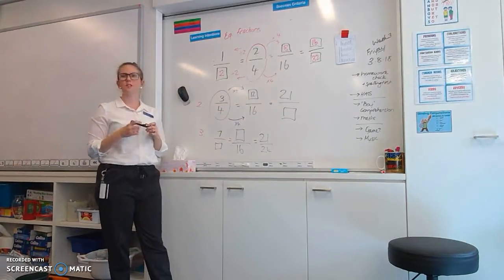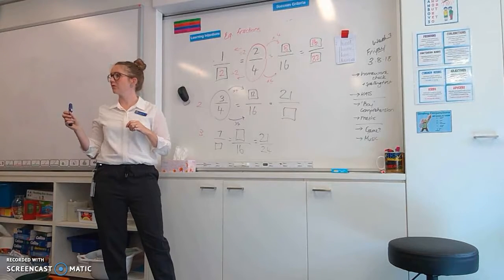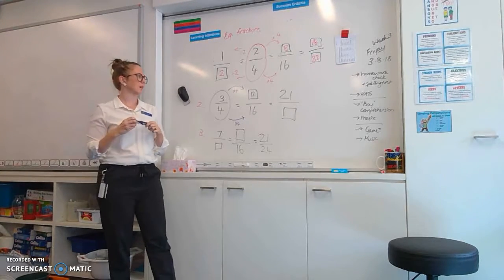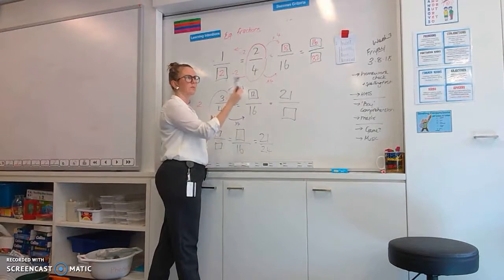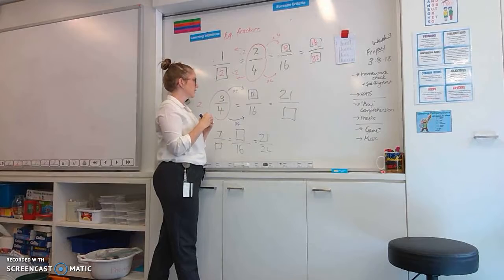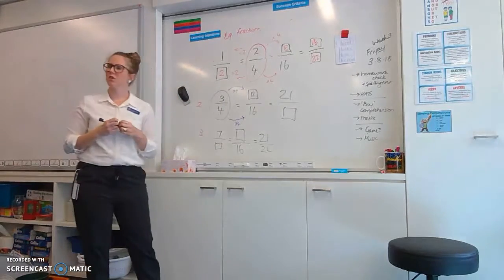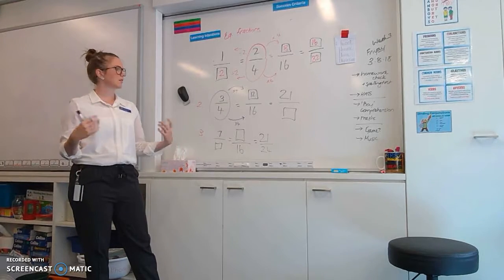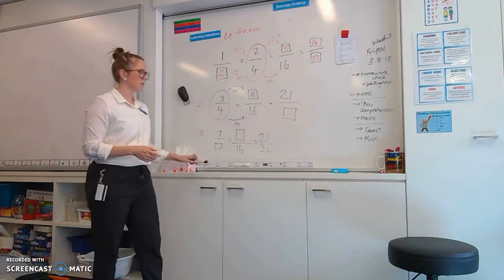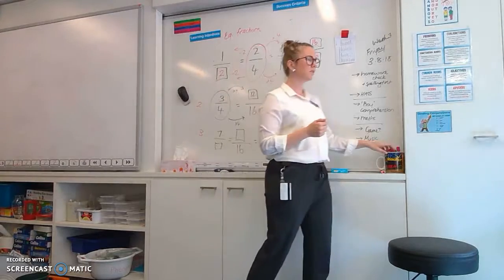Now when you go to this one, this is the danger that you have with stuffing up this question. If you go and look at 12 and try to make it into 21 by multiplying, it's not really possible to get a whole number. So you're probably thinking, how am I supposed to do this question? We have actually done these before.